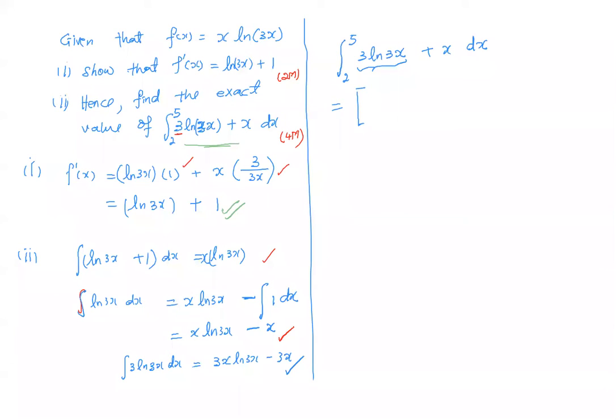So I write down. Then the integral of this, you should know how to integrate. Power plus 1 divided by the new power. Limits 2, 5. Then substitute. There you get another 2 marks.